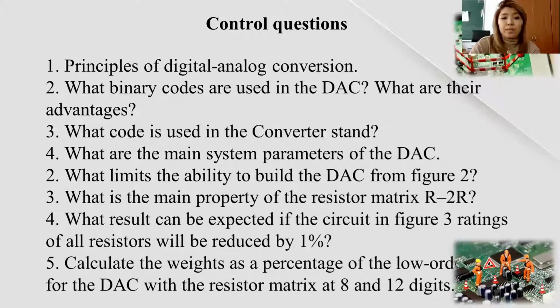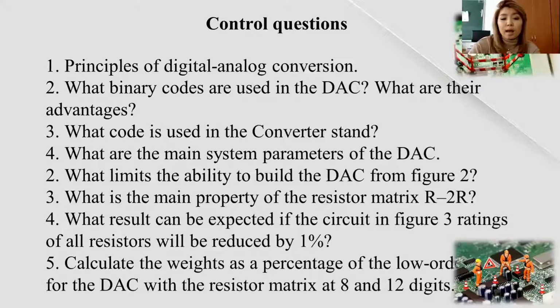1. Principle of digital analog conversion. What binary codes are used in the DAC? What are their advantages? What code is used in the converter stand? What are the main system parameters of the DAC?